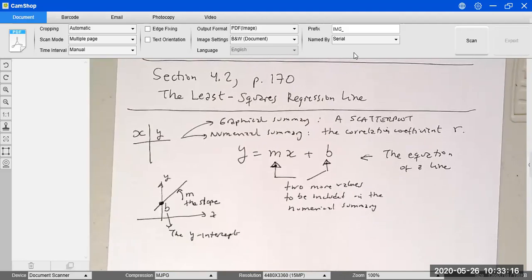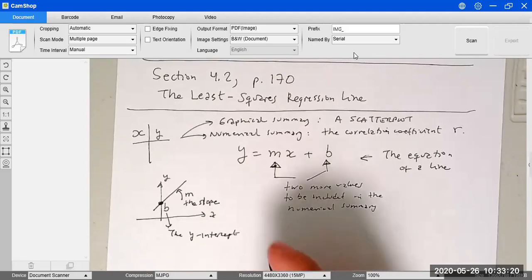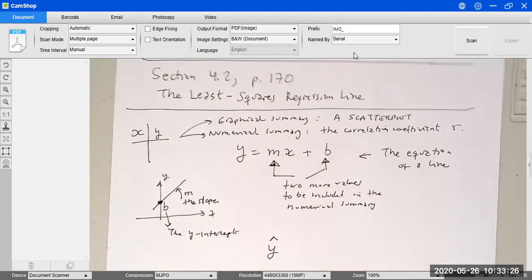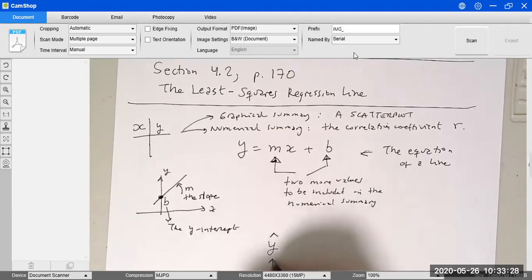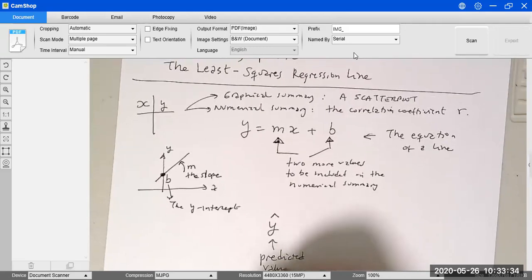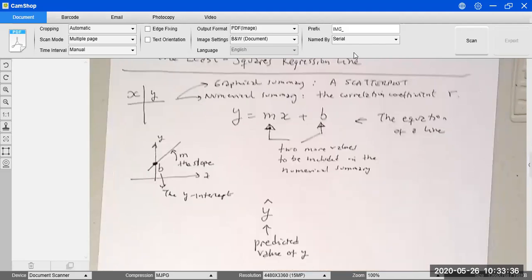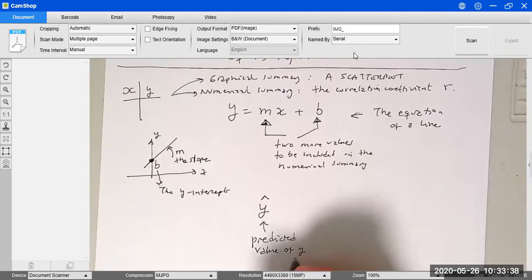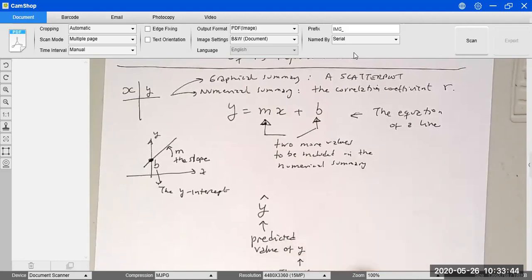When you are working with the line in statistics, usually we're going to change a little bit the notation. So we're going to use first y hat, because we're going to say that this is a predicted value of y, the value that we observe, the response. Remember, y is the response.